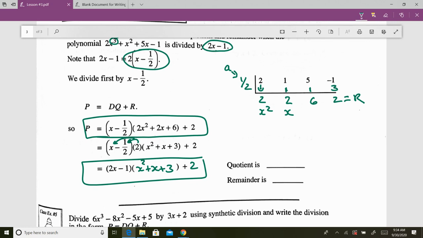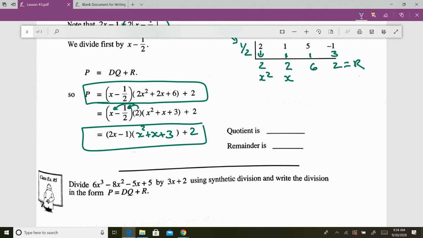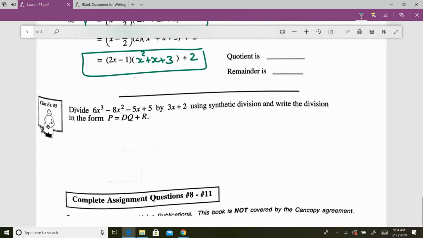Okay, so when there's a number in front of the x, essentially you factor out whatever that number is. So let's look at this one here. We're dividing 6x cubed minus 8x squared minus 5x plus 5 by 3x plus 2. So polynomial, do I have to add in any zeros? No, I'll go down. So I can just put my 6, negative 8, negative 5, positive 5.